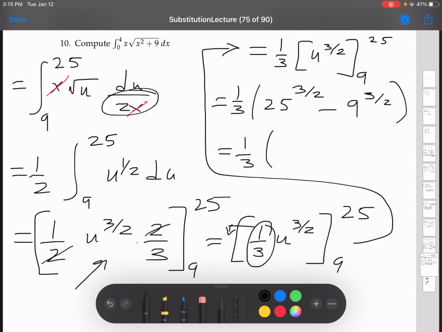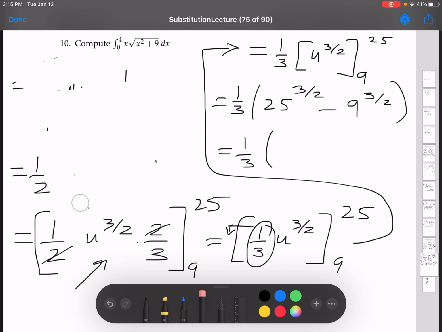We'll figure out what these guys are here. All right, so let's figure out what 25 to the 3/2 is.